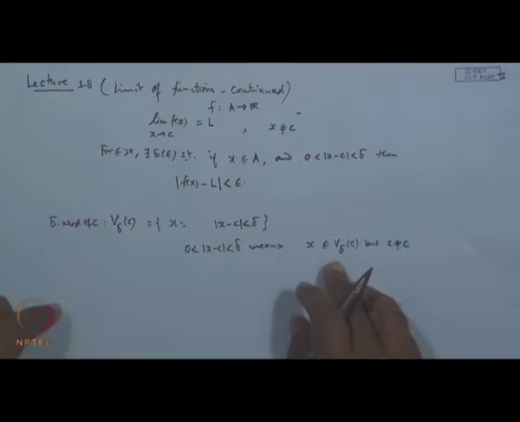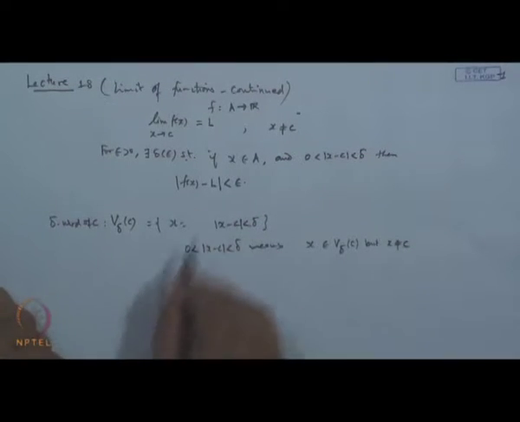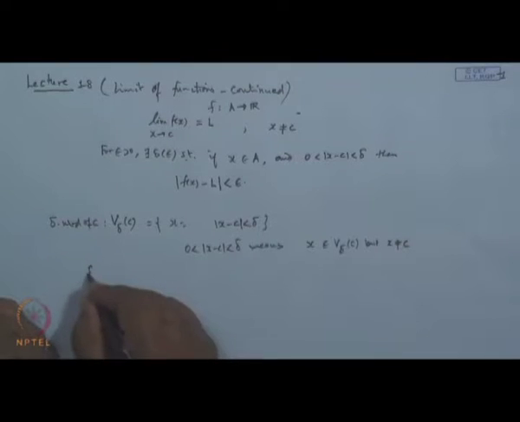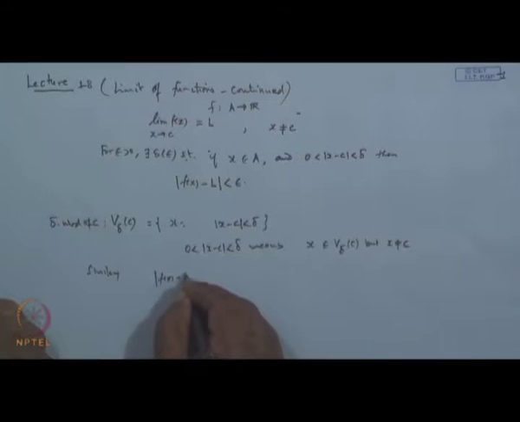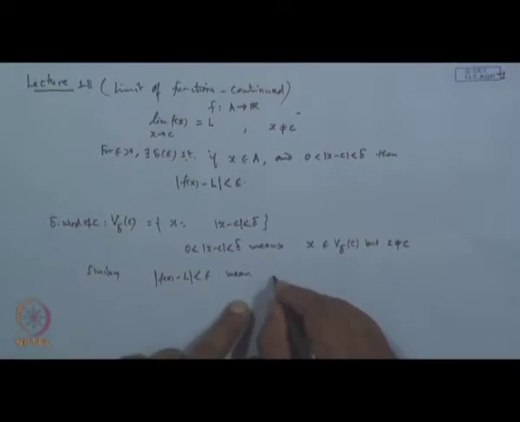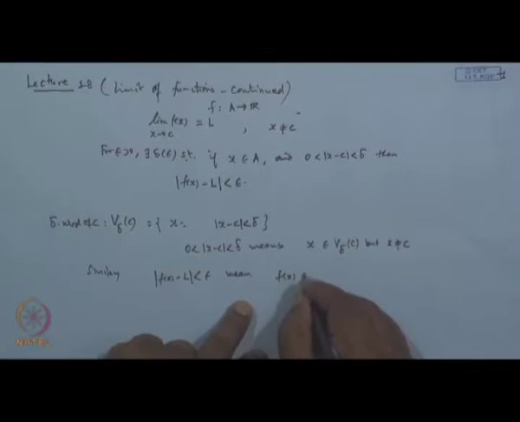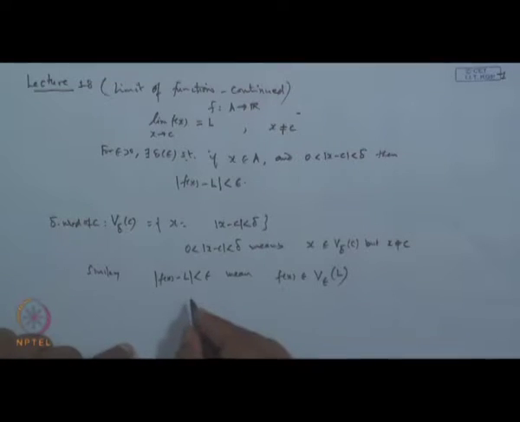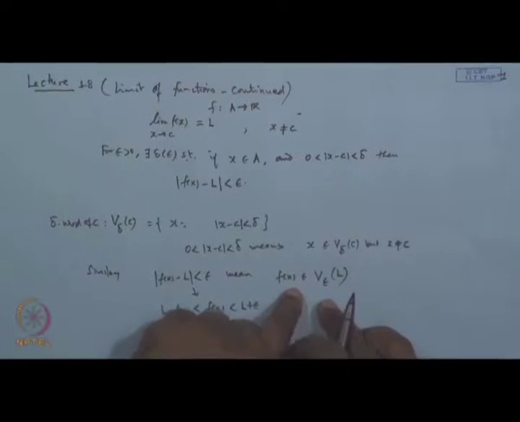So, it lies in the delta neighborhood of c, and similarly |f(x) - L| less than epsilon means that f(x) belongs to the epsilon neighborhood of L, because the meaning of this is that f(x) lies between L - epsilon and L + epsilon. So, f(x) lies between these.